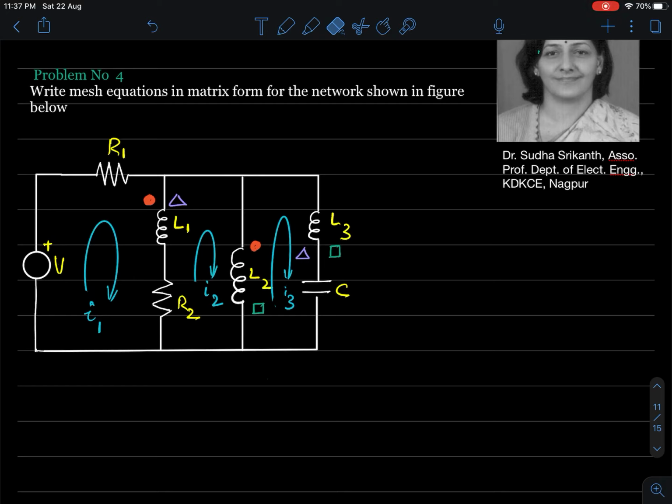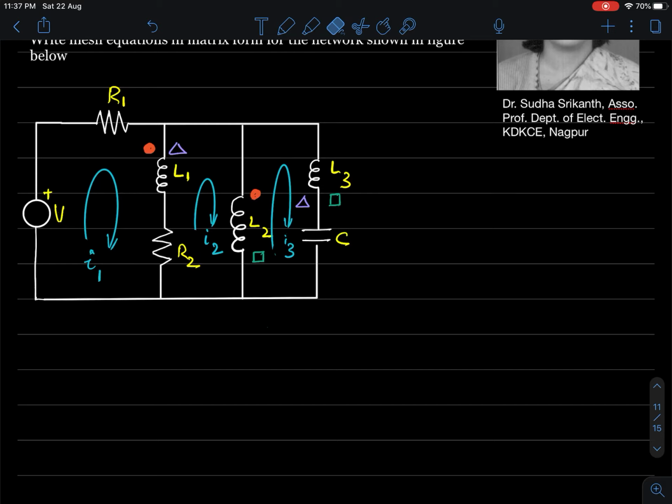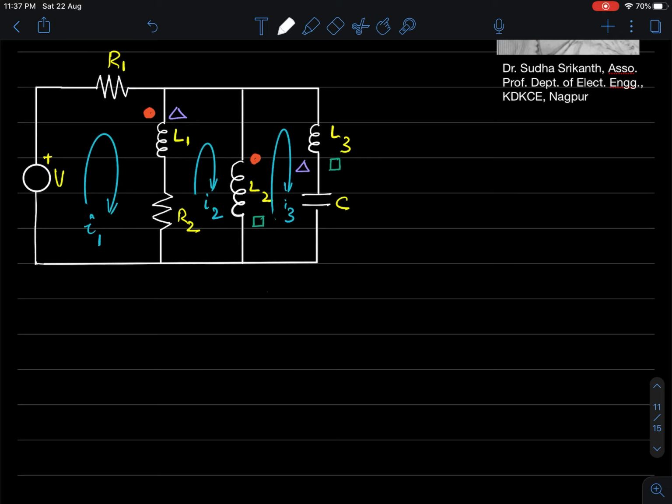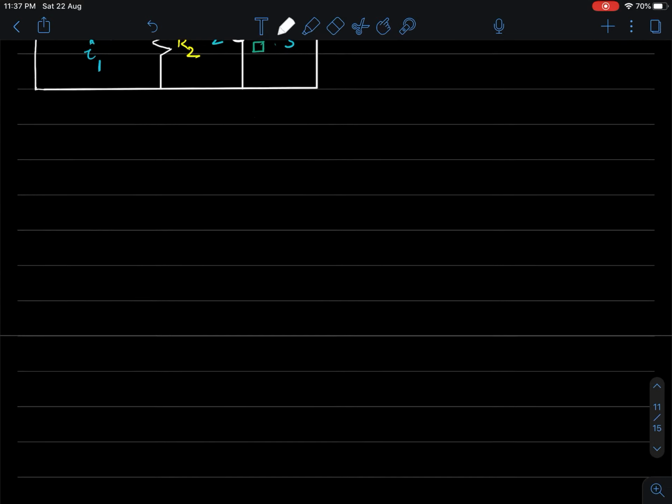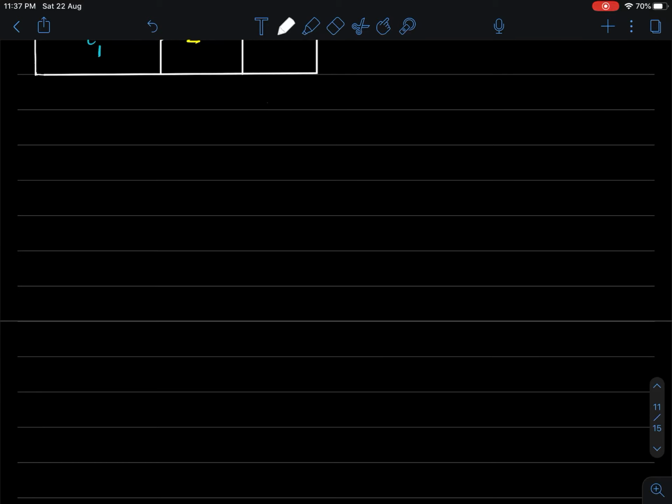Alright, so I'll rewrite the network now with all the inductors having their dependent sources, or in other words, mutually induced EMFs represented by dependent sources in their path. Let me write the network with the dependent sources.